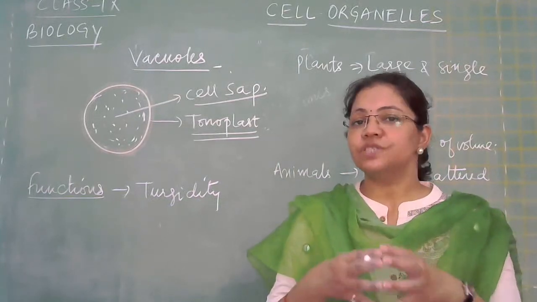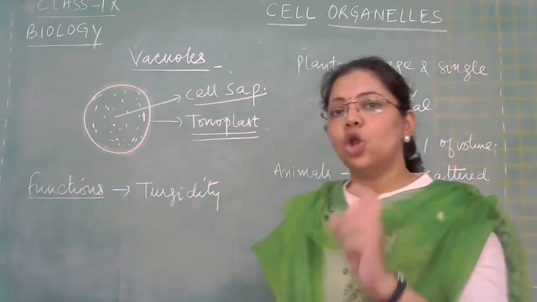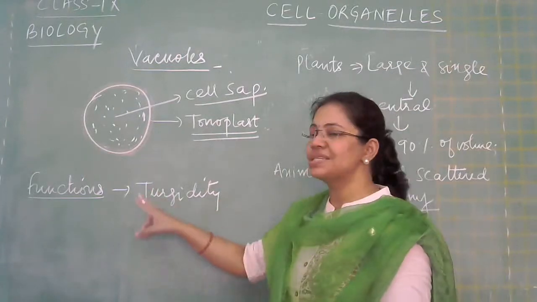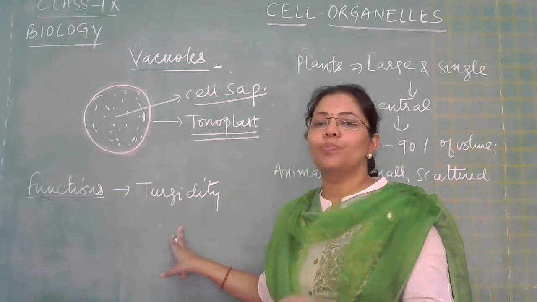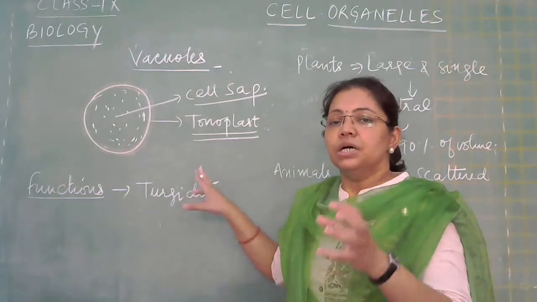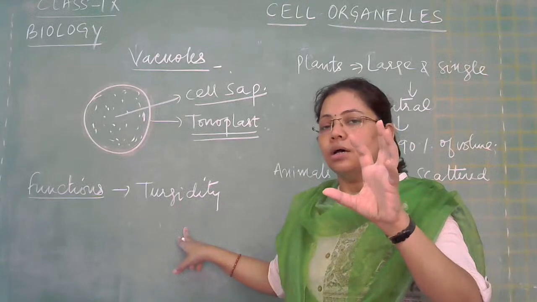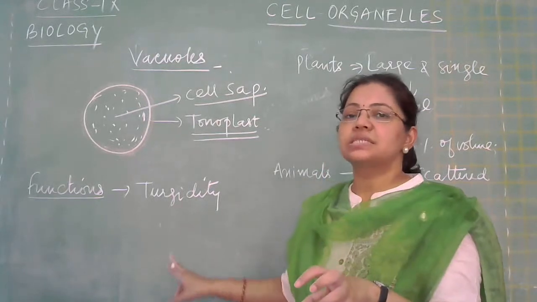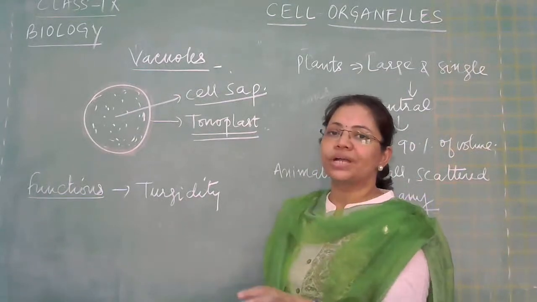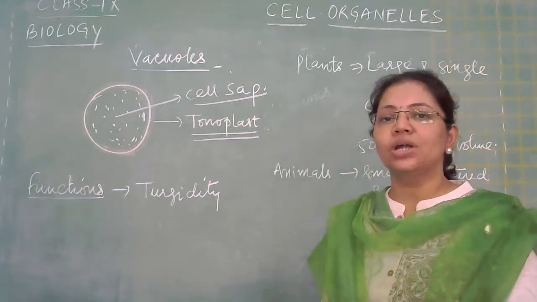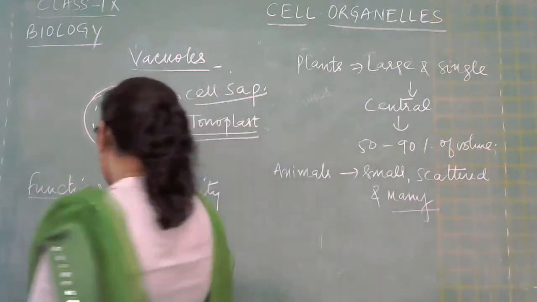Because of the presence of the cell wall, of course, and along with that the vacuole present inside the plant cell also plays a role to some extent. When the liquid moving inside the cell exerts pressure, the vacuole in turn also exerts pressure to balance it. That is called turgidity.